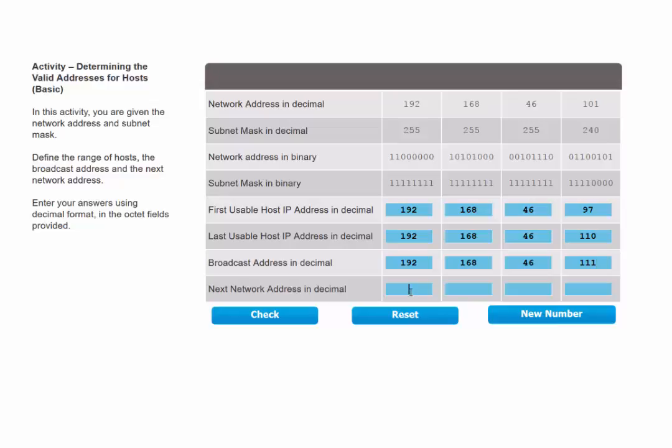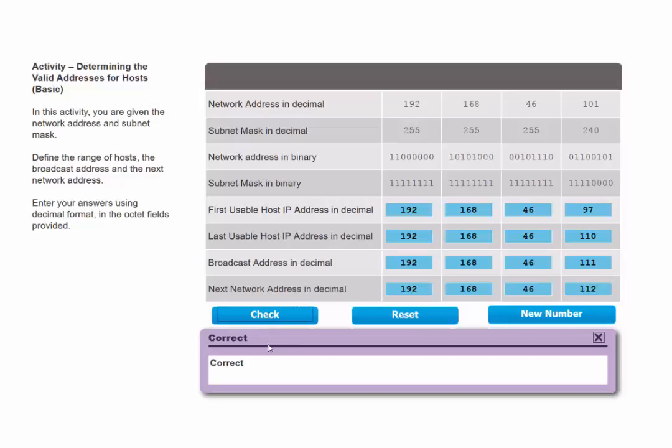So the next network address or sub-network address will be to increment the broadcast address by 1. 168.46.112. Okay, so let's see if that's correct. Correct. All right. So that's how we calculate the first and last usable host addresses.